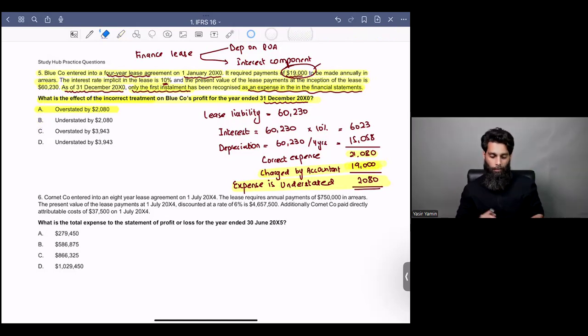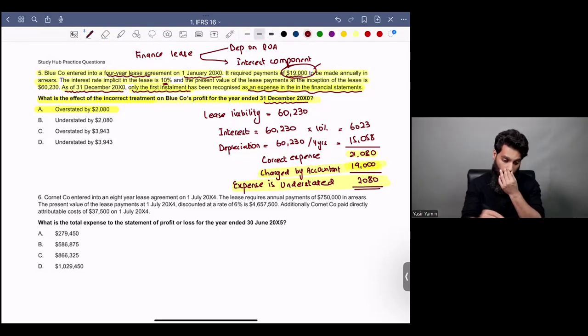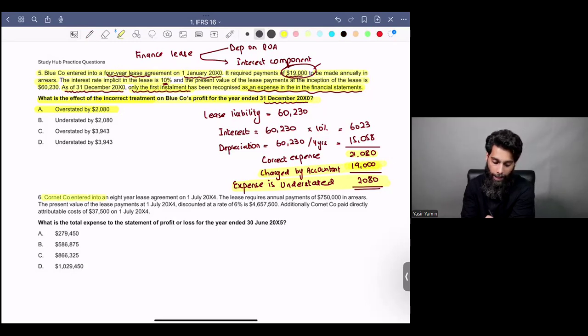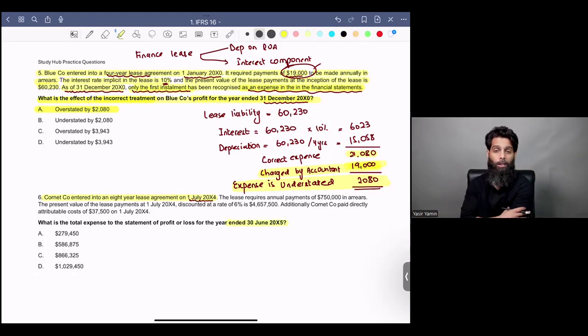All right, let's move on. Let's see the last question, guys. The examiner says, Cornet Company entered into an 8-year lease agreement on 1st July X4. Note down, your accounting year end is 30th June X5. The lease requires annual payment of $750,000 in arrears, so there is no down payment up till now.